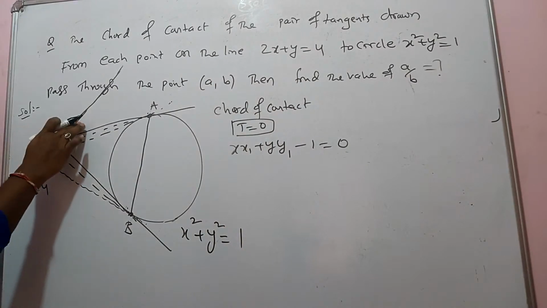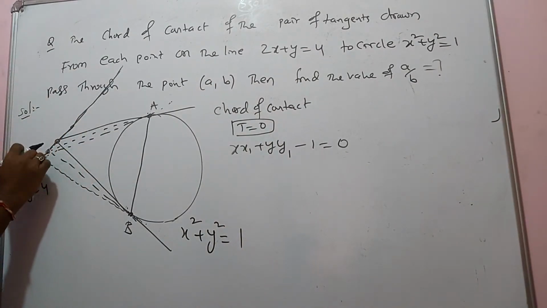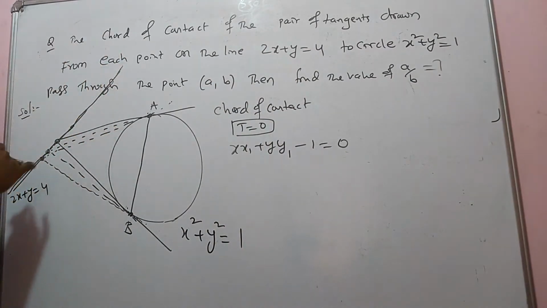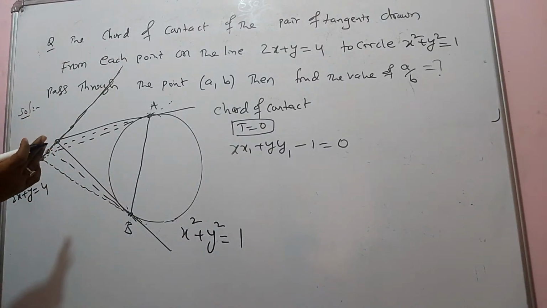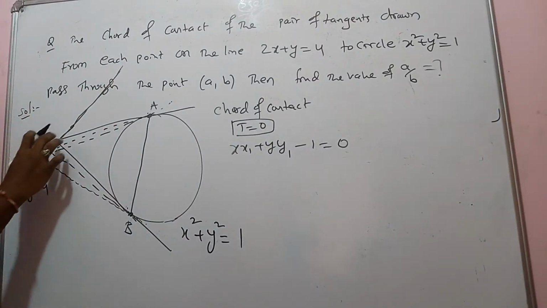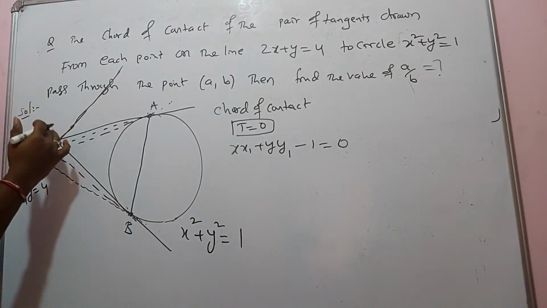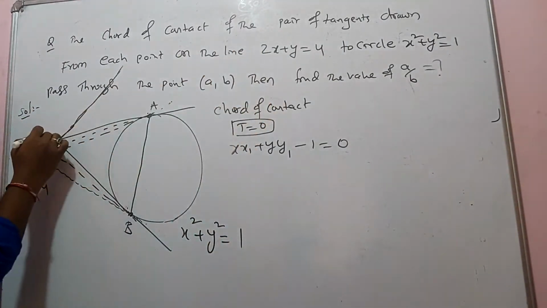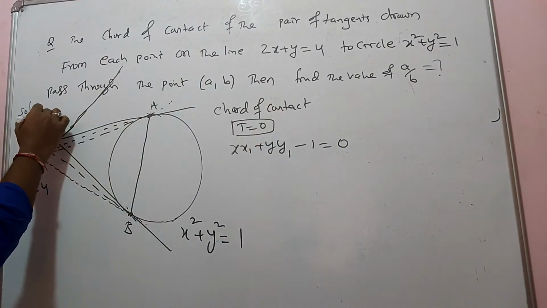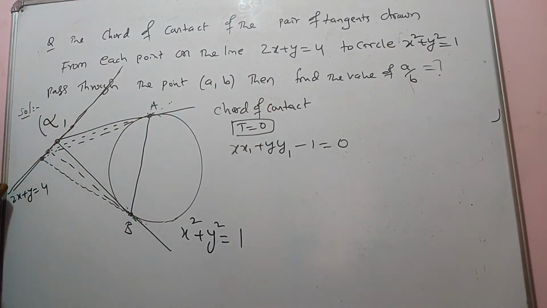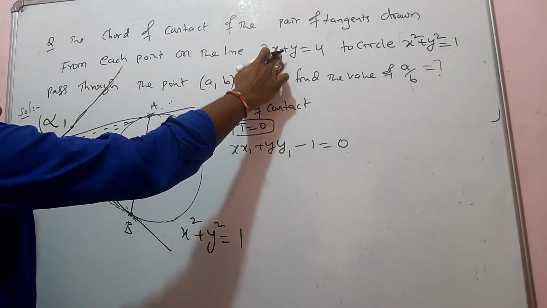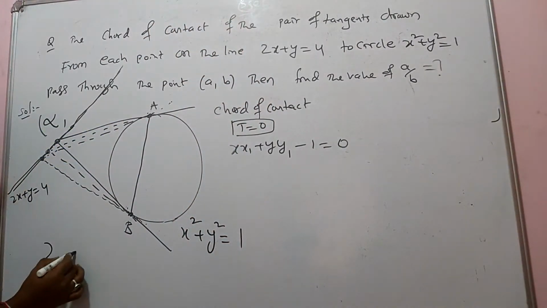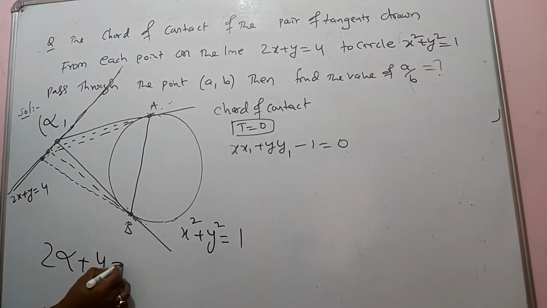The reason is you should know any point. Let us take any point on this line. What is the point on this line? I explained in straight lines that any point on this line can be taken as a general point. If I take x is alpha, then 2 alpha plus y is equal to 4, then y is equal to 4 minus 2 alpha.